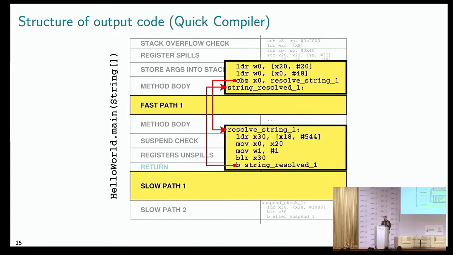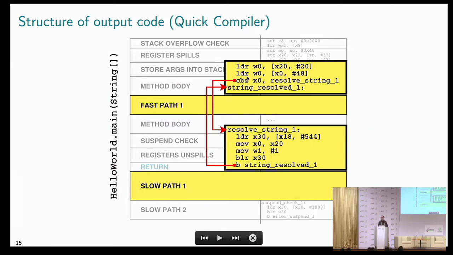like to point your attention to a frequently occurring pattern, the fast and slow path. In this case, what we have to do is print a string on the screen. And the first time we access the string, we will have to resolve it. We will have to do a sort of linking resolution. So we check whether the string is resolved.